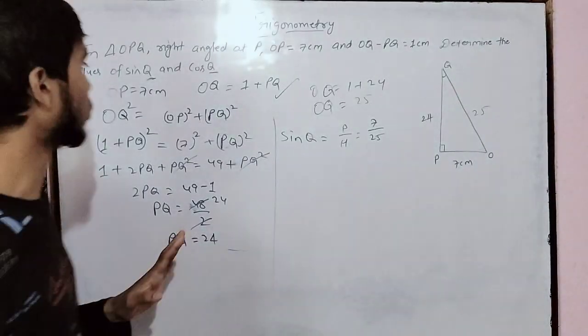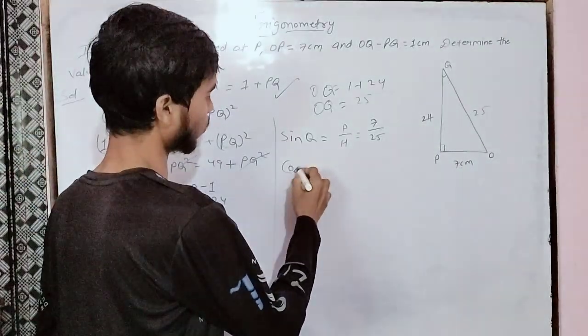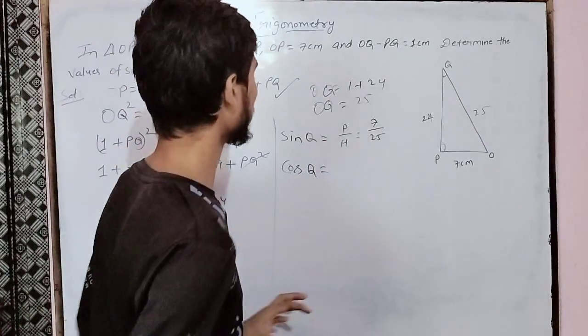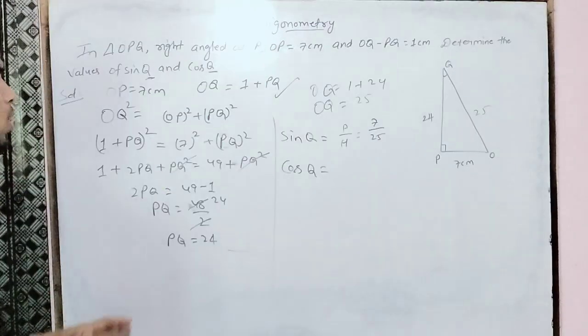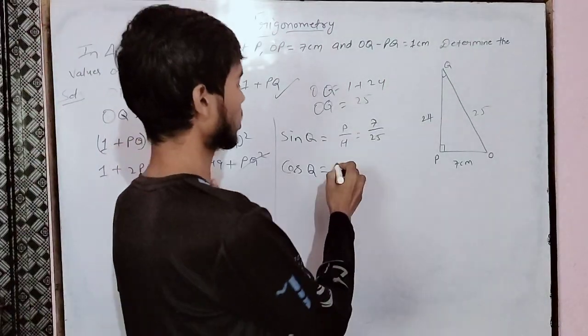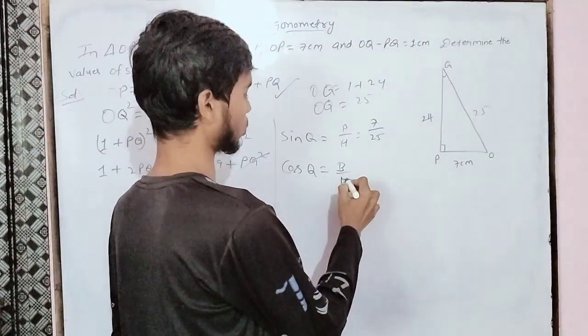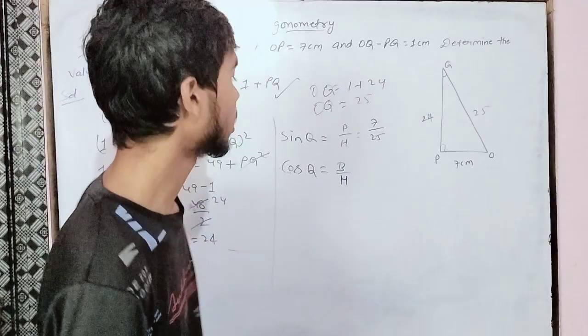Now one more, which is last for this question, cos Q. As we know, the ratio of this is B upon H. Clear?